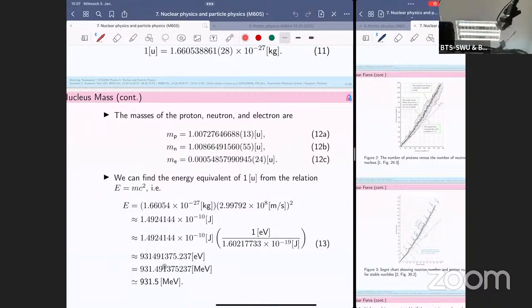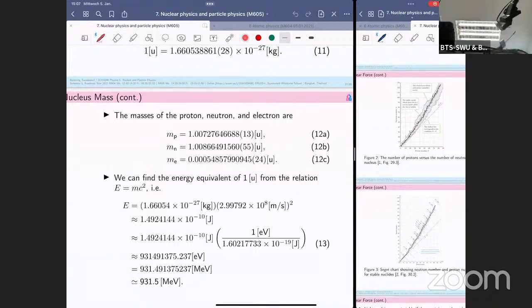And once you divide it by 1 million, 10 to the 6, you get 931.49. For approximation, it's around 931.5 mega electron volt.